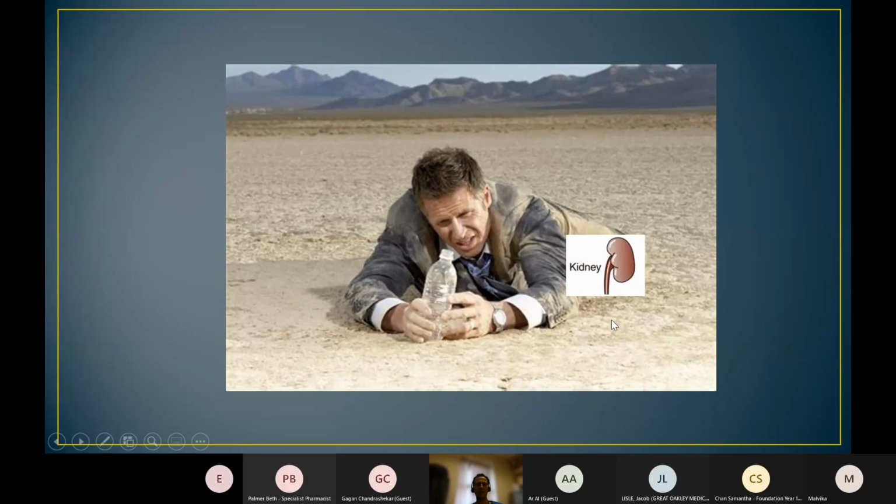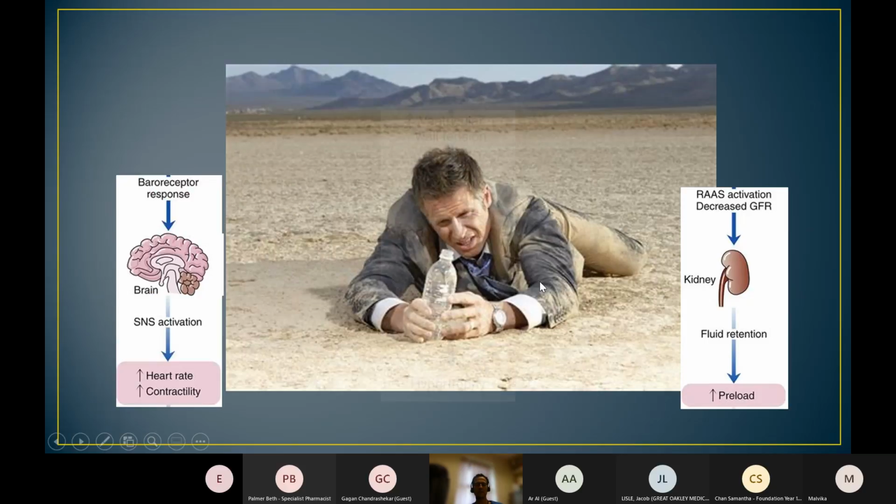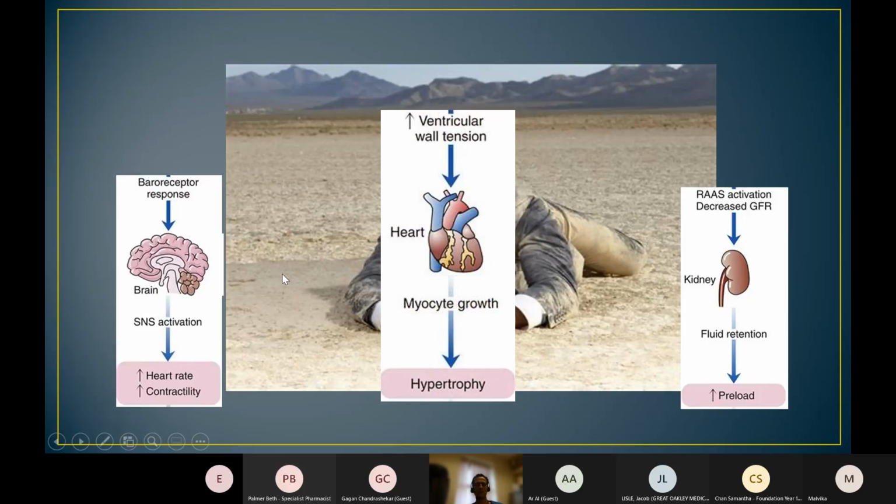So it's your kidneys which are stimulated by the lack of fluid, and the renin-angiotensin-aldosterone system is activated by decreased glomerular filtration rate, so you retain the salt and the fluid. It's the baroreceptors which tell the body that your blood pressure is low, and your sympathetic nervous system activates, adrenaline and other catecholamines pump out, and your heart rate increases and it works harder.